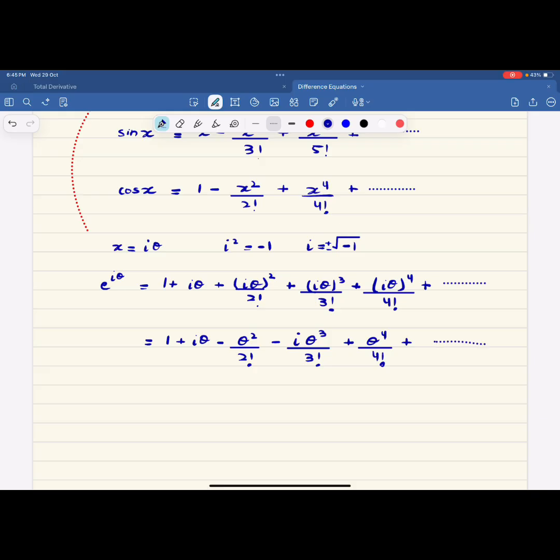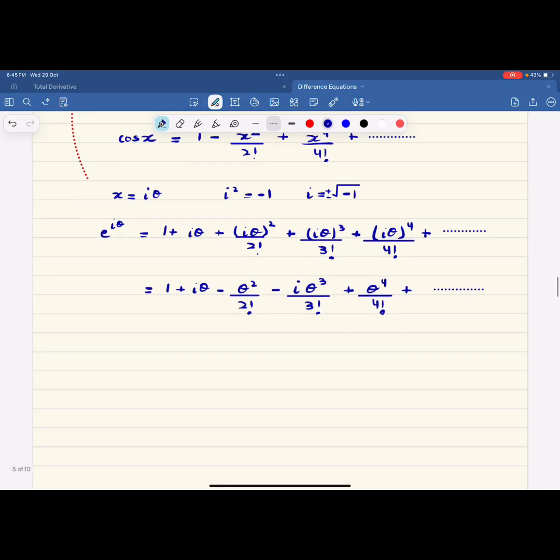What I'm going to do is keep these terms together, all the even powers together, and all the odd powers together. So what does this become? I'll make a big bracket: 1 minus theta squared over 2 factorial plus theta to the 4 over 4 factorial, and so on.